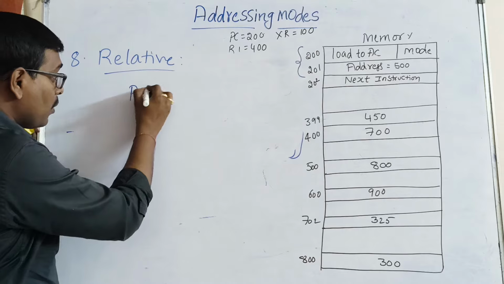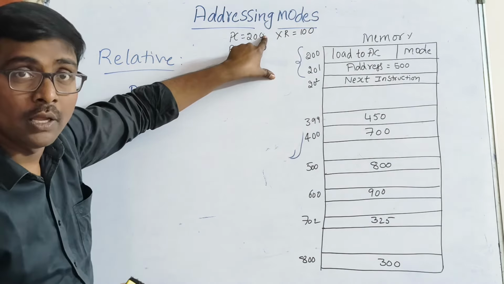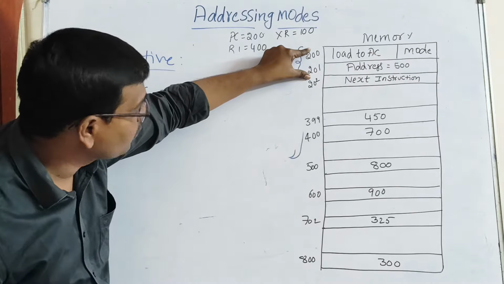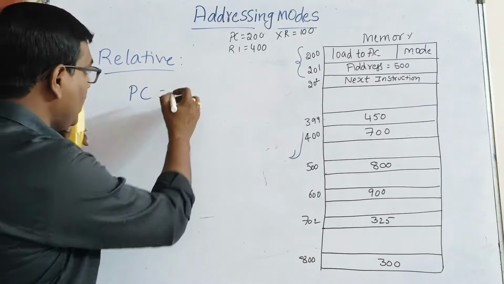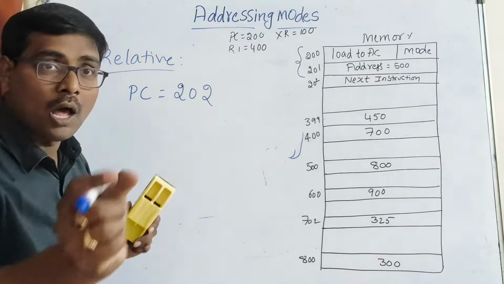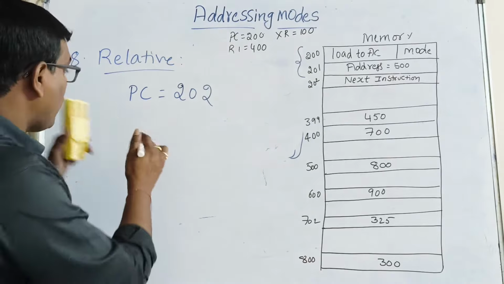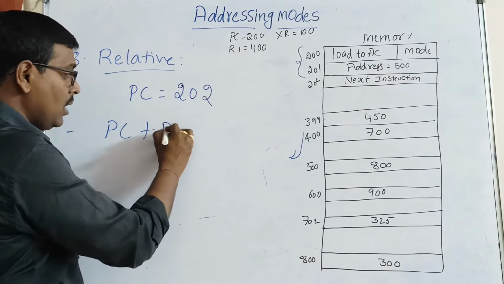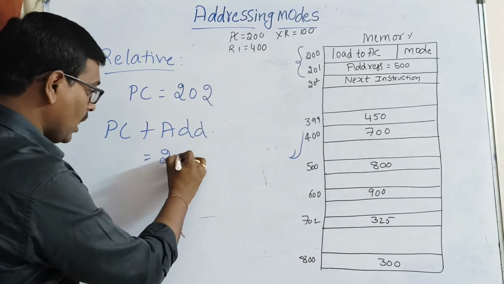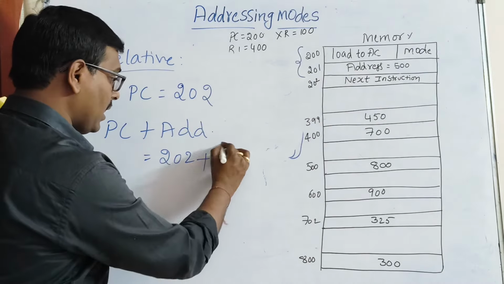Now what is the program counter value? Assume the program counter is initially 200. Once this fetch operation is completed, my program counter value is 202. The program counter always stores the address of the next instruction. To this program counter, we add the address field. So 202 is the program counter, and the address is 500.